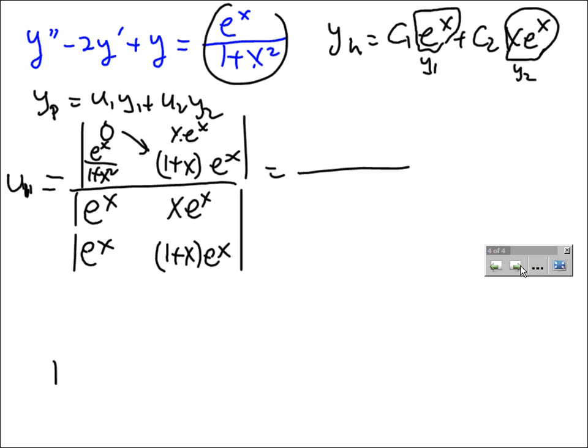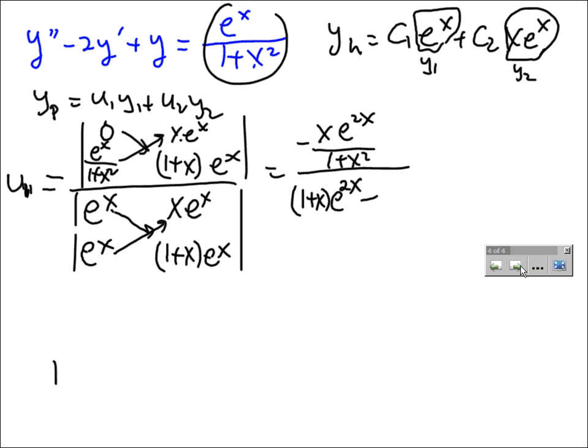So it's this product, which is 0, minus that product, which will be negative x e to the 2x over 1 plus x squared, because e to the x times e to the x is e to the 2x. And in the bottom, you're going to have 1 plus x times e to the x times e to the x, which is 1 plus x times e to the 2x, minus that product, which is x times e to the 2x.